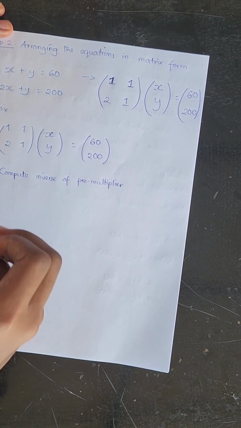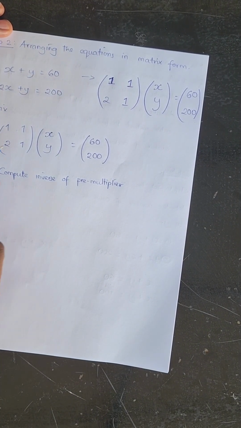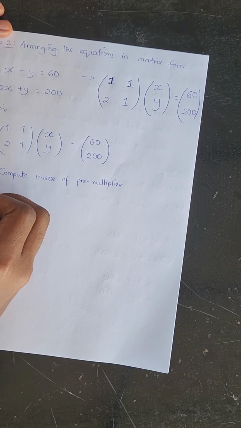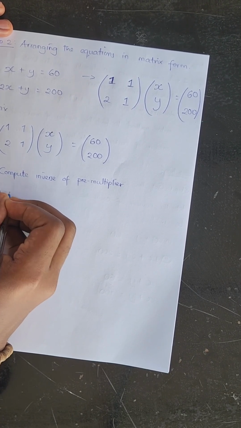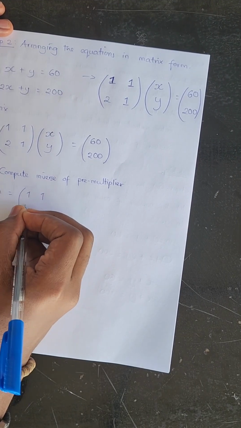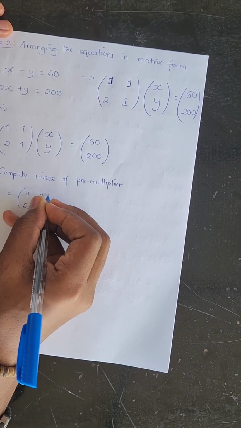This here is the pre-multiplier, so we need to compute the inverse of this matrix. Let A be equal to 1 1 2 1.